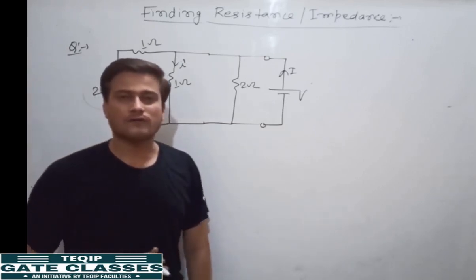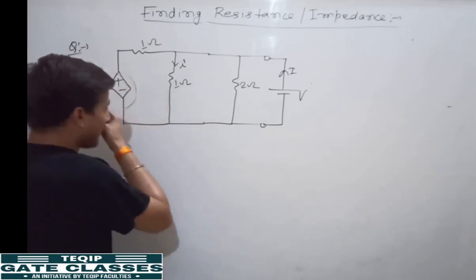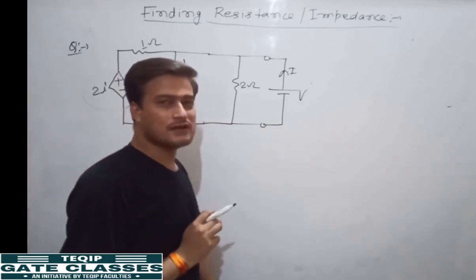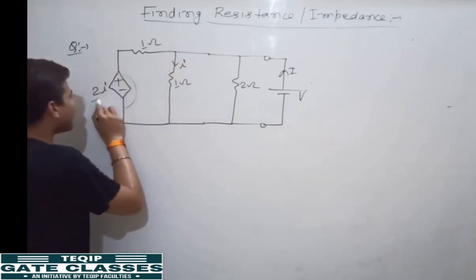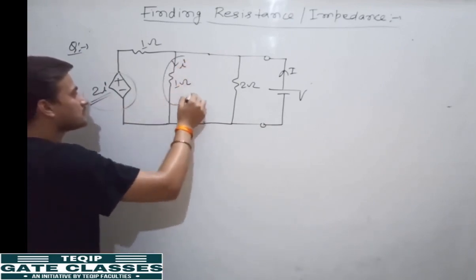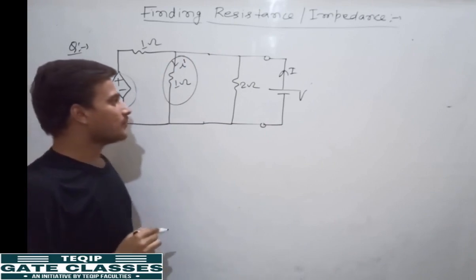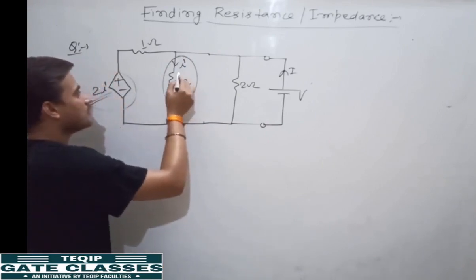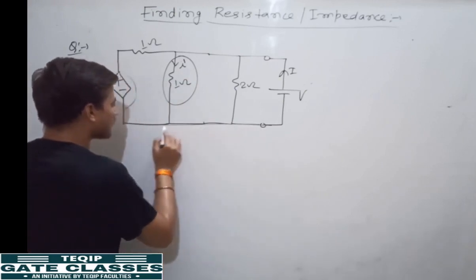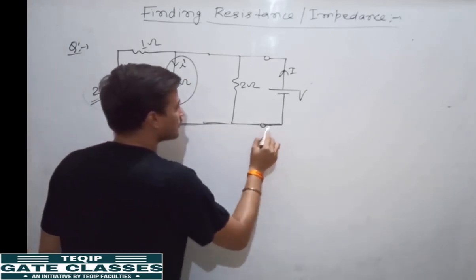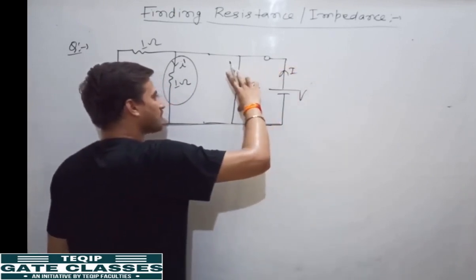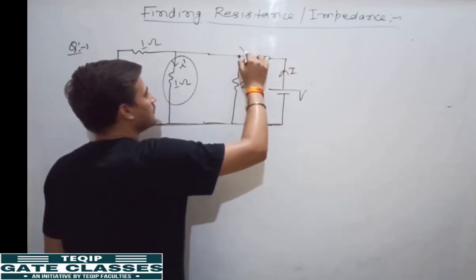So how to find it? If you are having a dependent source, then the first step is to look at the magnitude of the dependent source, identify the branch on which the magnitude depends, and apply Ohm's law in this branch. See, this is the ground terminal, potential 0 volt. Here the V volt battery is connected across this terminal, so the potential will be V volt.